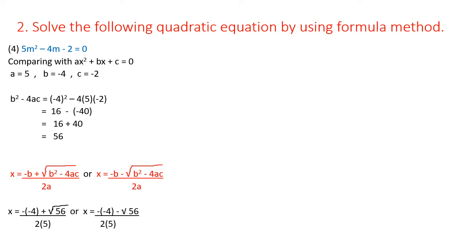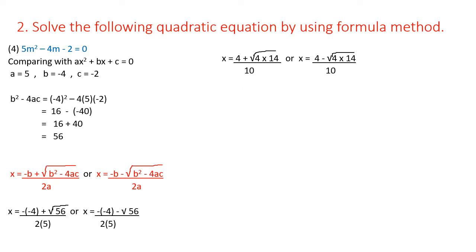Now after this, we are just going to open the brackets. Now what will happen here? This minus into minus will turn to plus. So 4 plus. Now 56 is not a perfect square, but we can express it in this form, 4 into 14. And 2 into 5 is going to be 10 at the bottom.